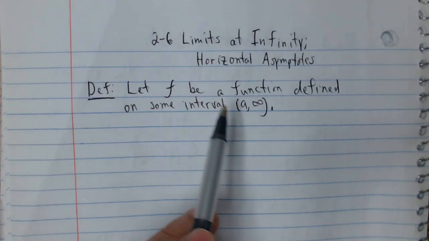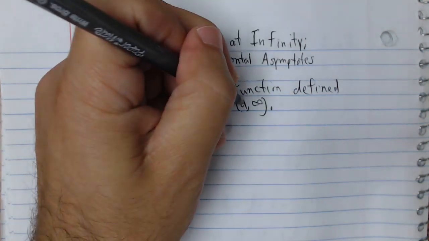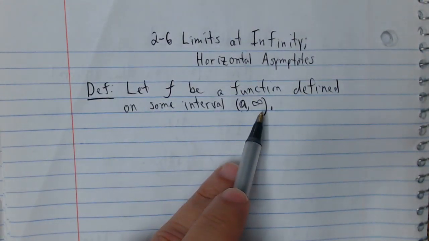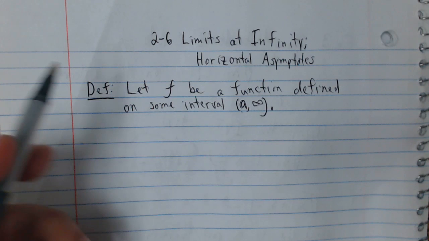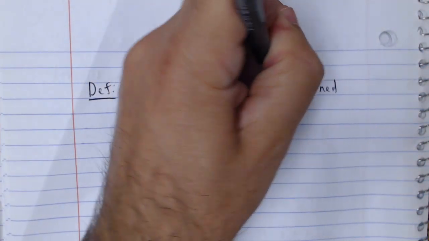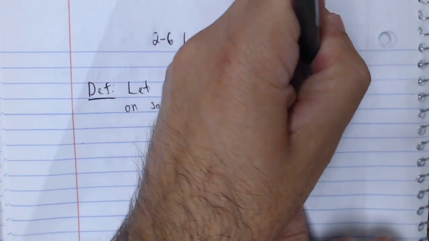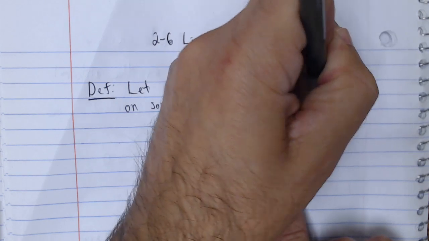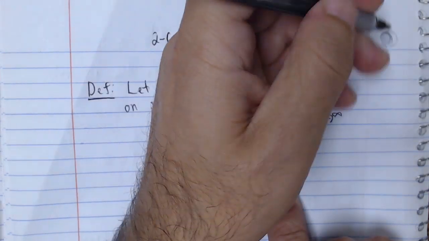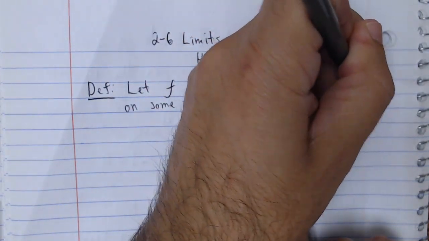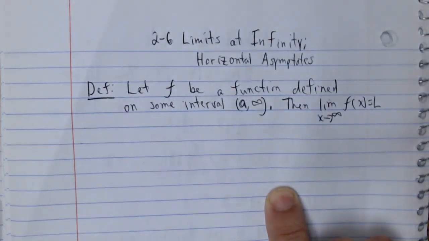So here we're saying, who cares what a is? As long as we're going out to infinity. So our focus is going to be as x goes to infinity. So then we could say the limit as x approaches infinity of f of x equals L.